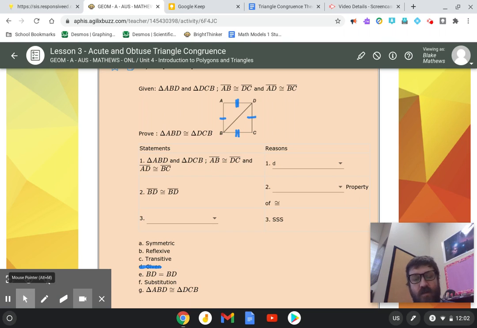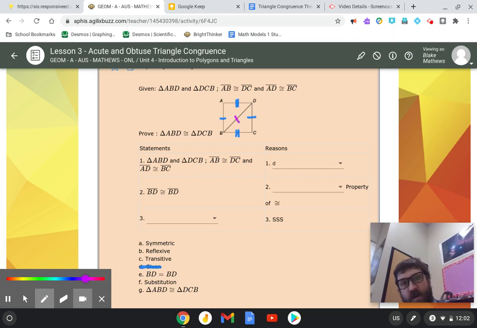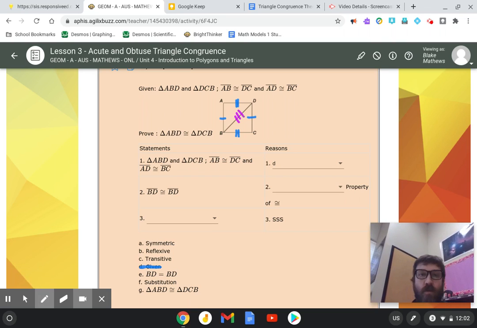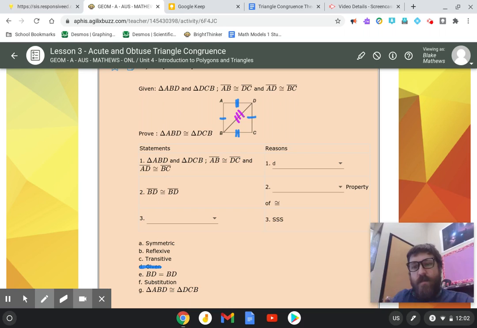After that, we're just going to see what geometric properties are being used. It says in the second statement that BD is congruent to BD. So that's talking about this right here. They're saying this is congruent to itself, which makes sense. BD is the same as itself. But what property is that?